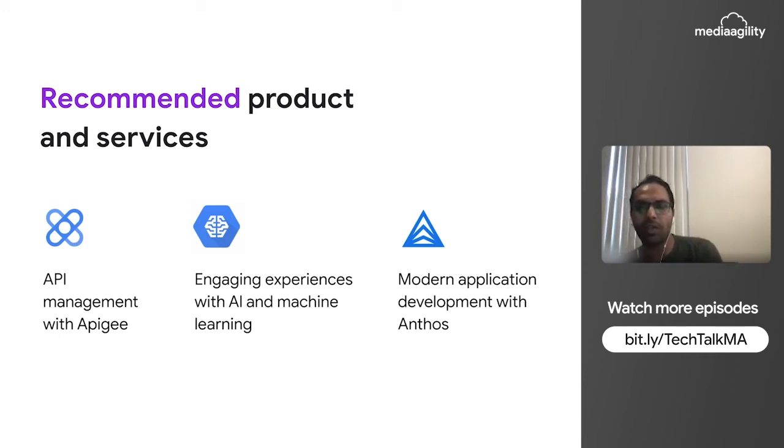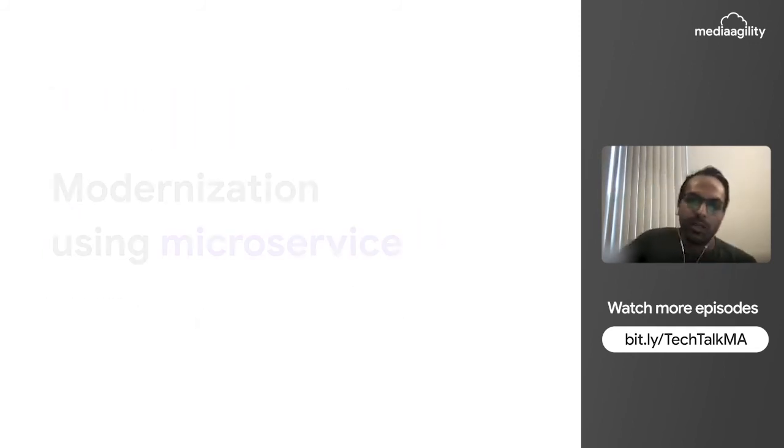So if you have your legacy application running on-premise, you can use Anthos to define an API-based modernization approach where you just have an API proxy layer in Anthos, in the GKE form, and you can use Istio and others to modernize your legacy application using the API approach. So these are the three tools at a high level you can use to define an API-based approach for your legacy applications.